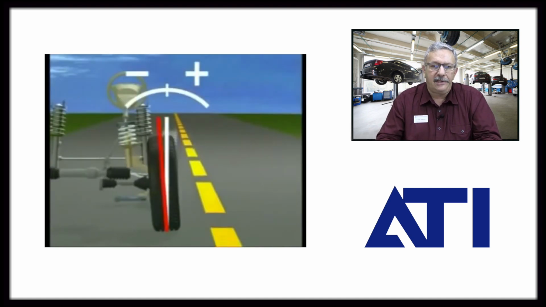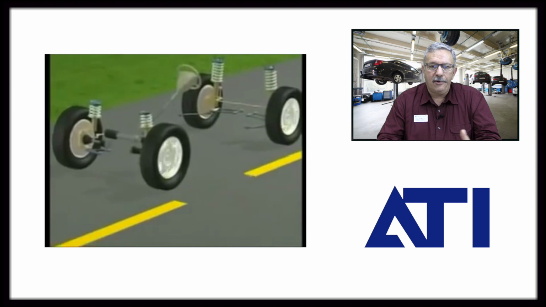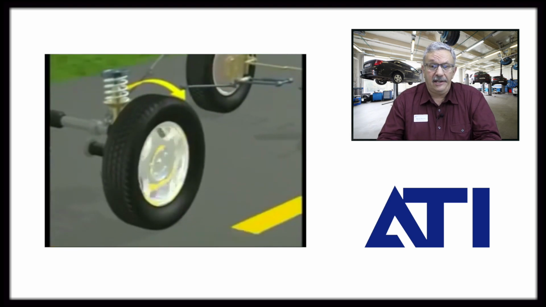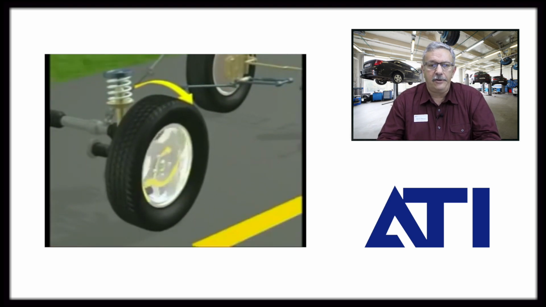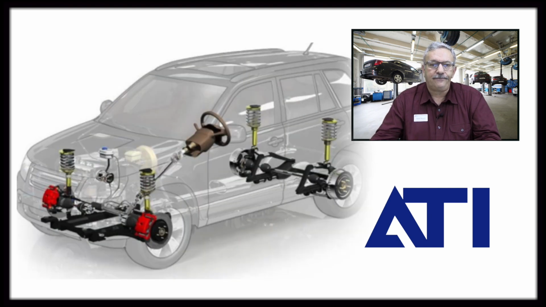But the standard things that you would look at, like toe, caster, camber, those change in the degree of measurements that we'd use, but they're the same measurements we use from one system to the other.